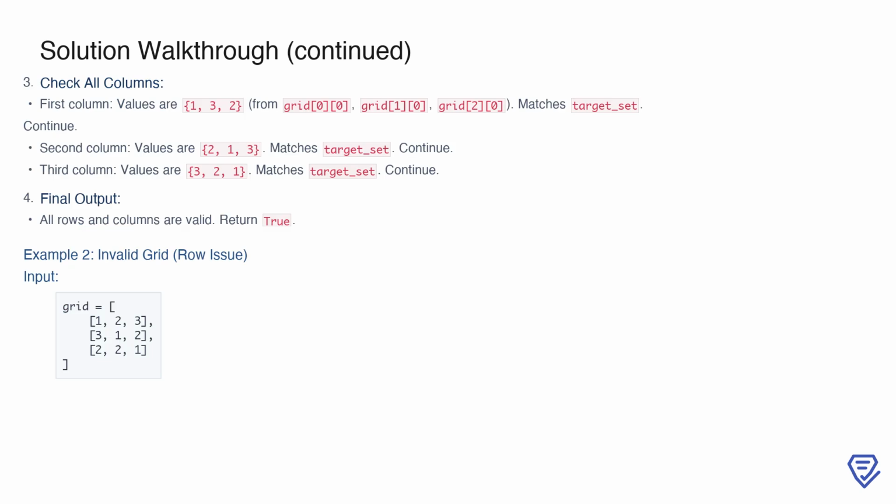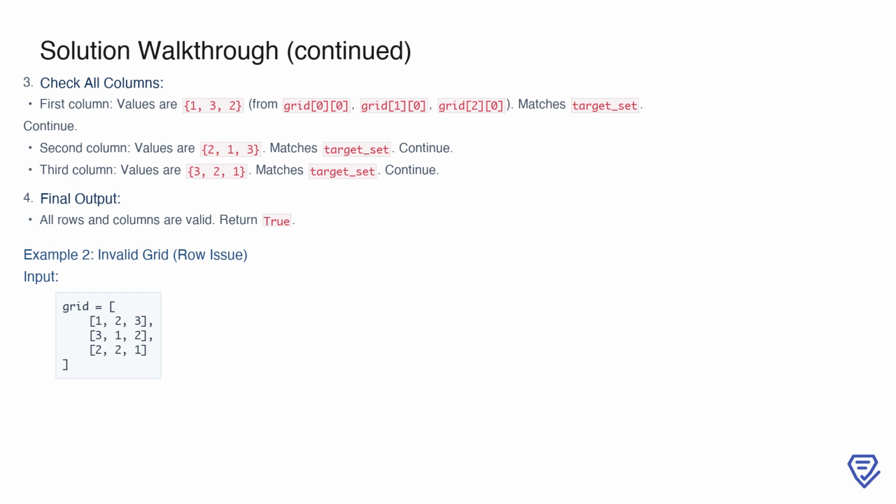Now, we check all columns in the grid. For the first column, we extract the values 1, 3, and 2 from the grid, convert them into a set, and get 1, 3, 2, which matches target_set. So, the first column is valid. Next, we analyze the second column, which contains the values 2, 1, and 3.